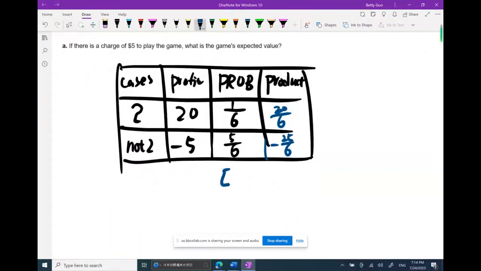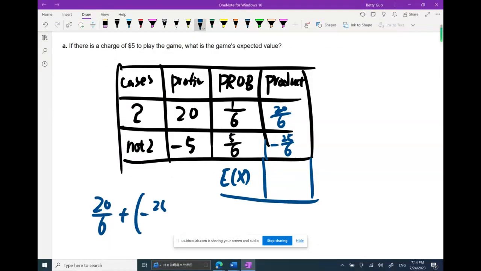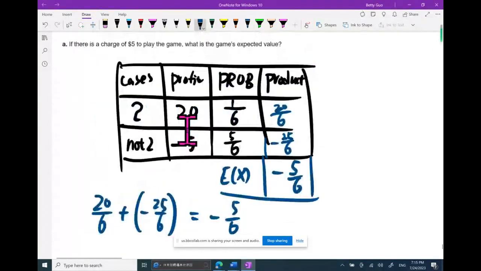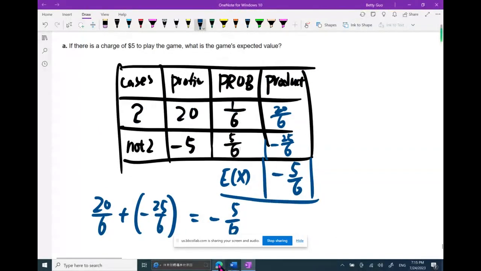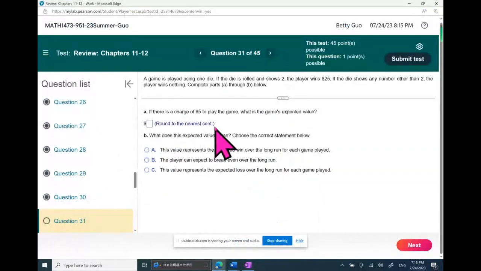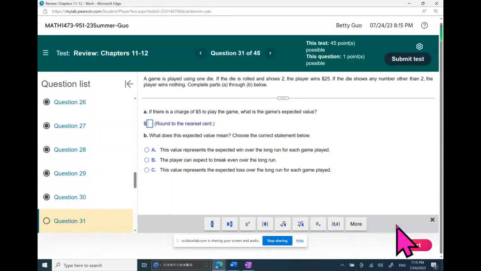And now we are going to add them all up. 20/6 plus -25/6. We end up with a negative number, right? -5/6. That's your expected value. You're going to expect to lose in the long run for each play. Round to the nearest cent. Okay, don't forget it's a negative. 5/6, right? 5 divided by 6.